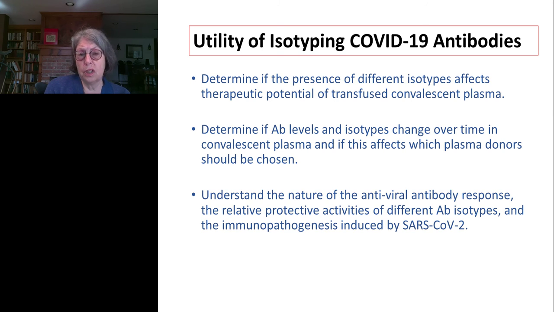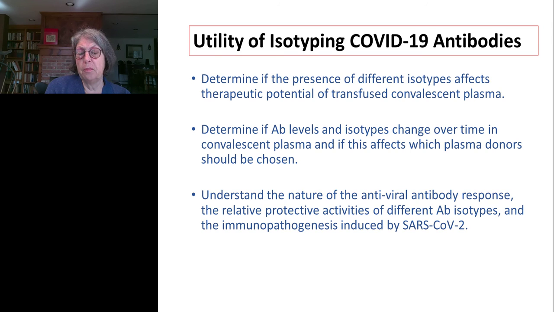So you would expect, probably, that the isotype patterns will change over time, and that could imply that some plasma donors who seem to be good plasma donors early after they have recovered from infection, even if their titers stay up, the isotype pattern may have changed later during recovery.